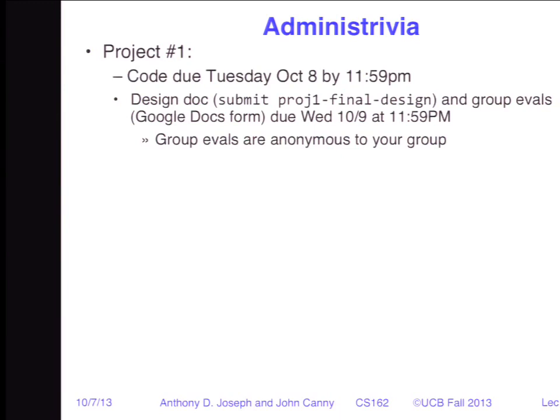Now, a very, very important caveat is there are 8 public cases. There are a lot more private cases that we're going to actually use for grading your assignment. So simply passing all 8 does not mean you're going to get 100%. You want to make sure you are doing good testing to exhaustively test your code.